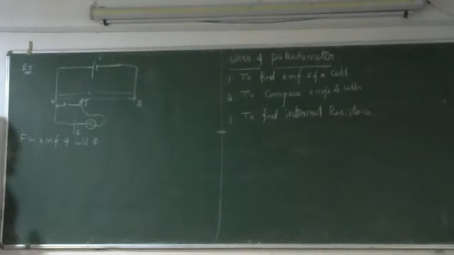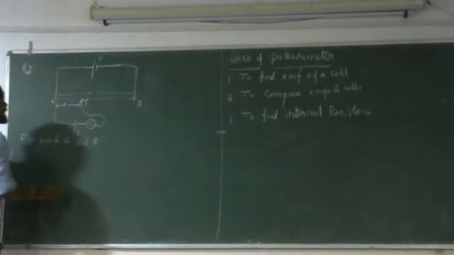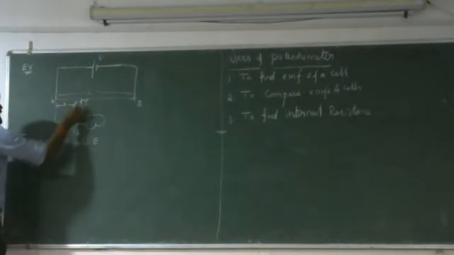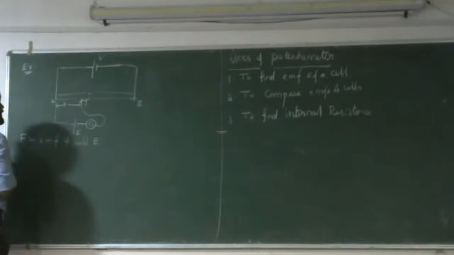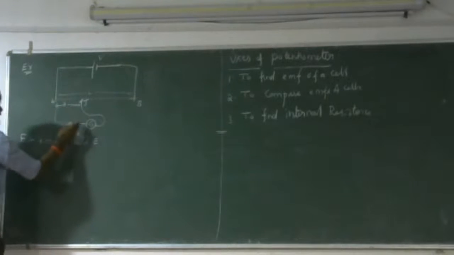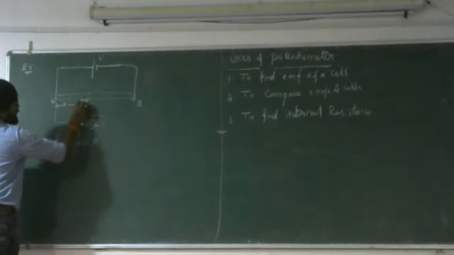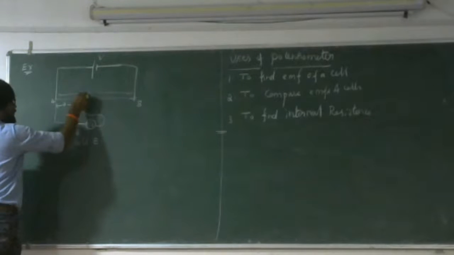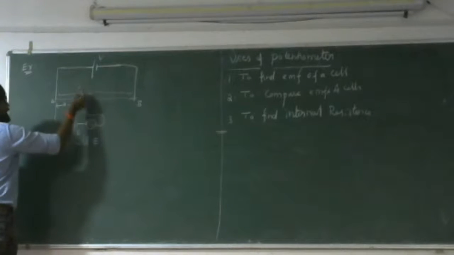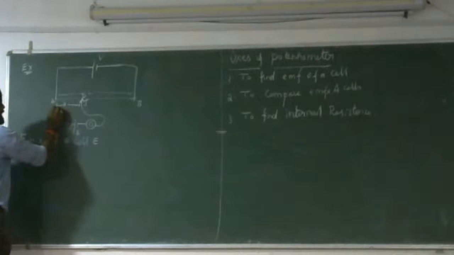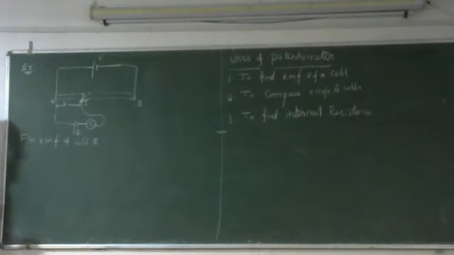According to our discussion in the previous circuit, if you slide this jockey so that at a particular point D or C, whatever it is, at a length of X, the galvanometer reading is 0, that length is called the balancing length.